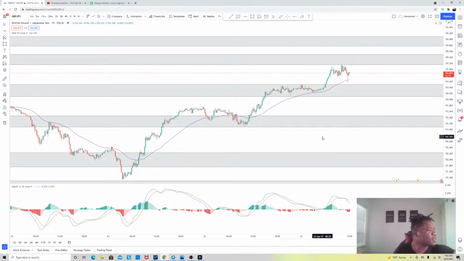So what pairs are you guys looking at? What pairs are you guys looking at today?